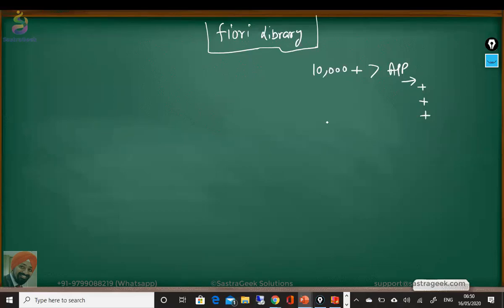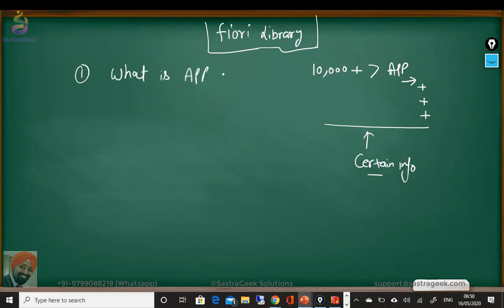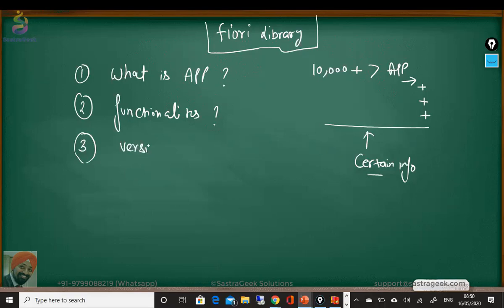And whenever you want to install an application, you need certain information. What kind of information do you require? If you want to deploy an application, first you need to know what that application is, what functionalities are available in that application, and whether it is available for the version we are using.